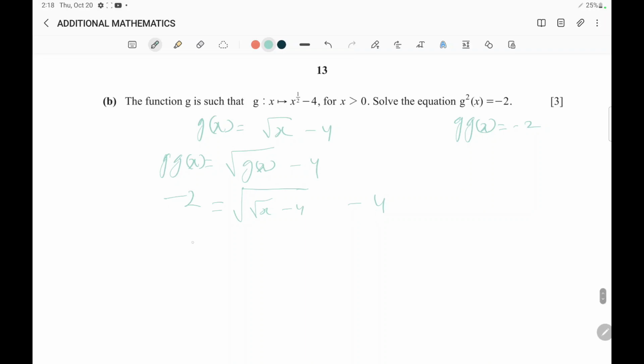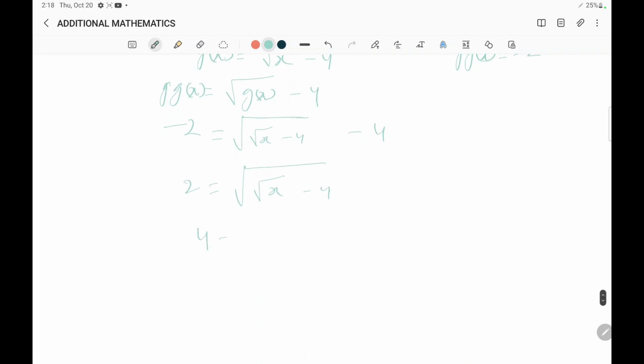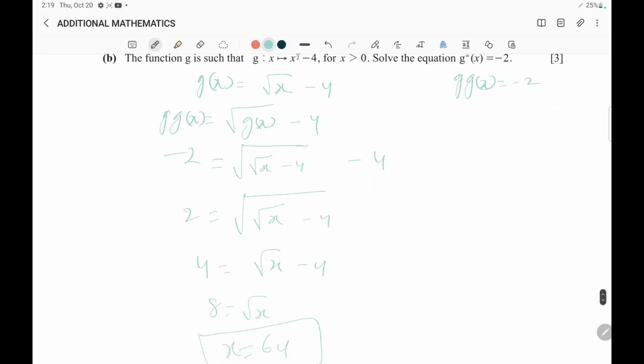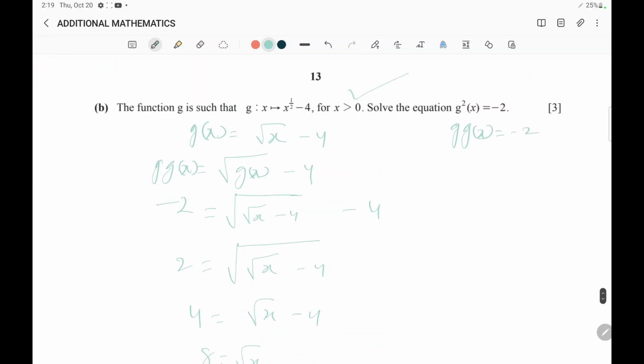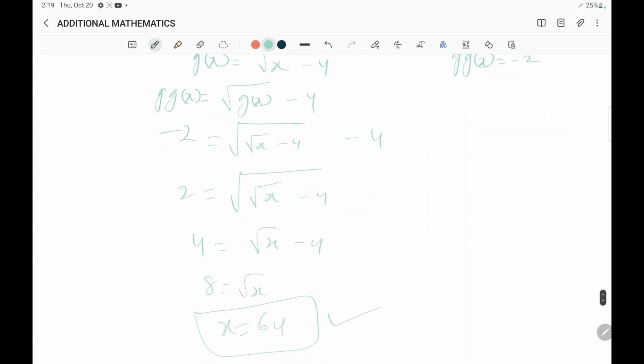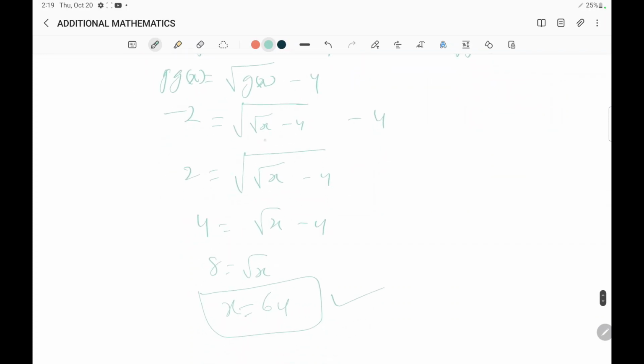Shift minus 4 to the left side, so 4 minus 2, that's 2, which is root of x minus 4. Now square it: 4 equals root x minus 4. Take 4 to the left side, 8 equals root x. Now square, that is 64. x is 64, but we have to verify that x should be positive, so we got positive. Okay, till now x is valid. Now if you put x equals 64 here, then it should be valid also. So root 64 is 8, 8 minus 4 is plus 4, so this is also valid. So x equals 64 is the valid answer.